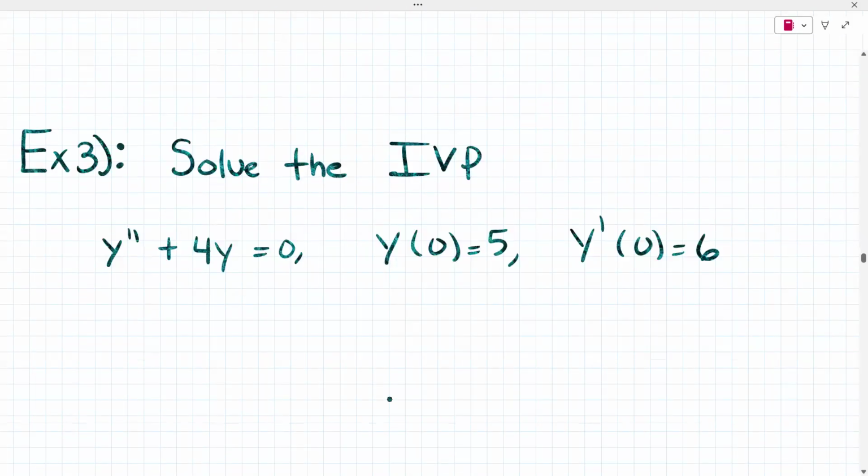So the first step is to set it to 0 and figure out my a, b, and c. Be careful, we don't have a y prime, so we're going to replace that with 0.